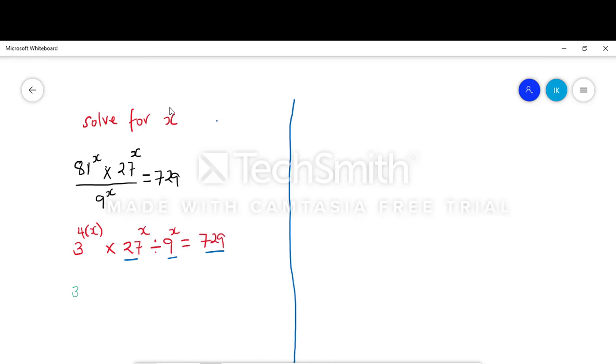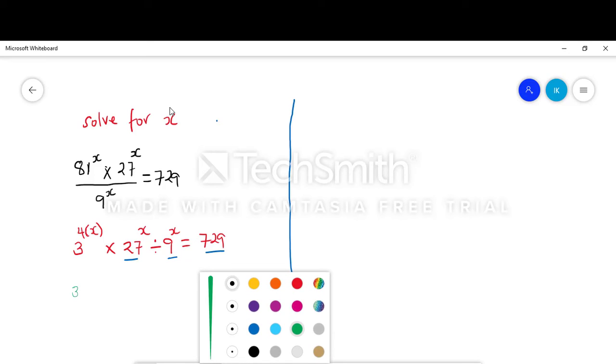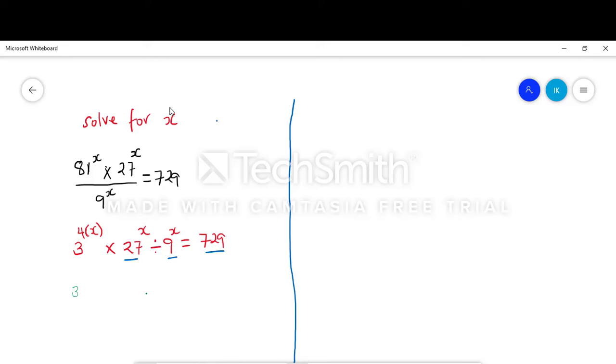We shall have 3 to the power of 4x times 3 to the power of 3, and then we have another x there, divided by 3 to the power of 2, and then we shall have another x there, is equal to 3 to the power of 6. 729 is the same as 3 to the power of 6.